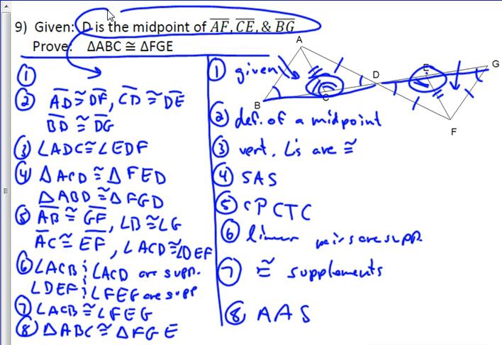Some other things you could have done. You could have proven that AB is parallel to FG. You could have proven that AC is parallel to EF. That would have been another way to prove that ACB is congruent. If you extend these lines, that would mean this angle is congruent to that angle, and that angle is congruent to that angle.